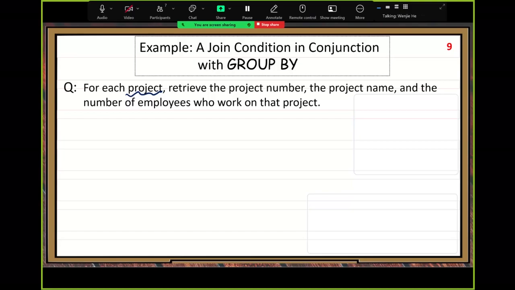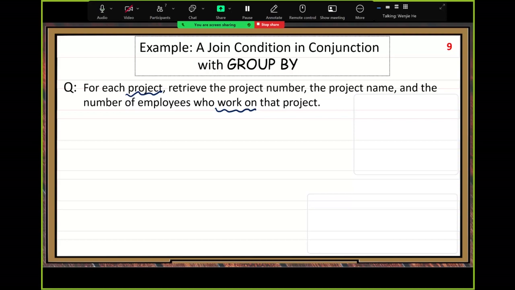And for the number of employees, you need to use the works_on table. So at least these two tables. Here you may not need the employee table, because we only count the number of employees. You do not need the employee information. But if you need the employee information, then you need a third table, employee.